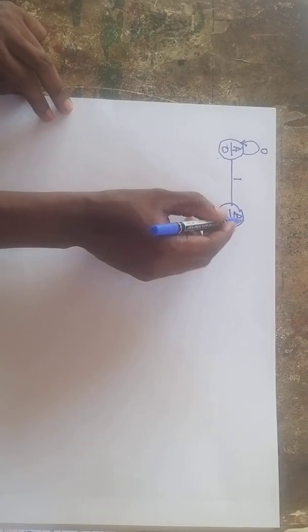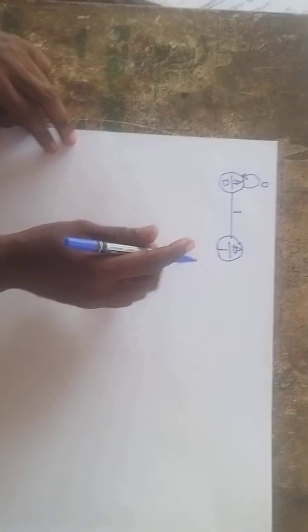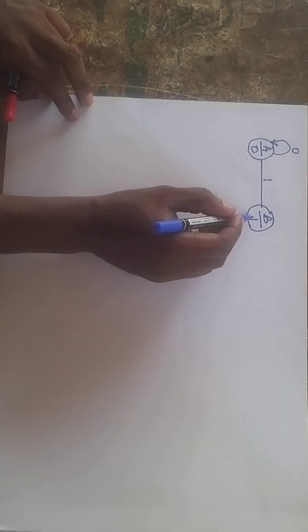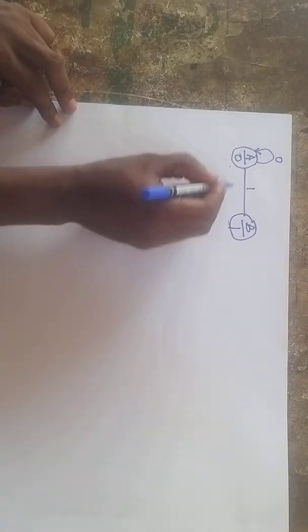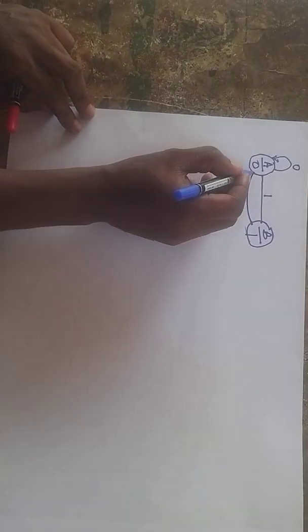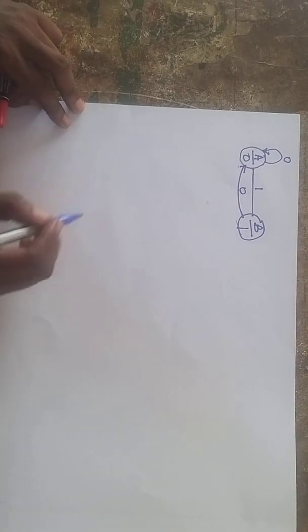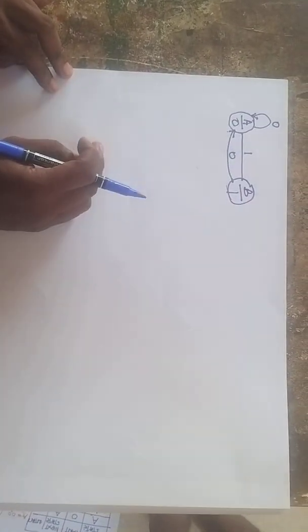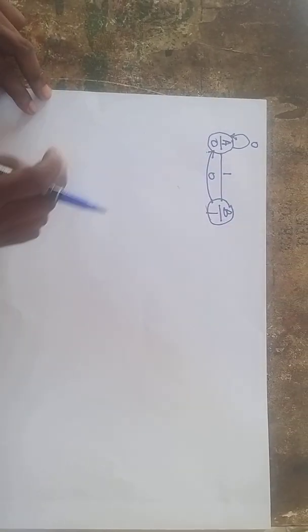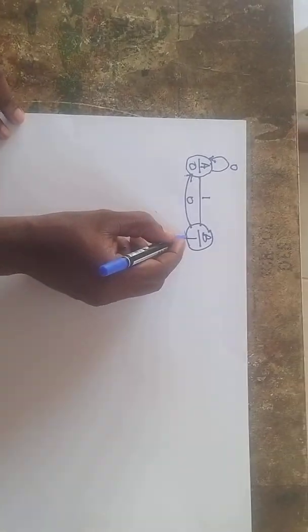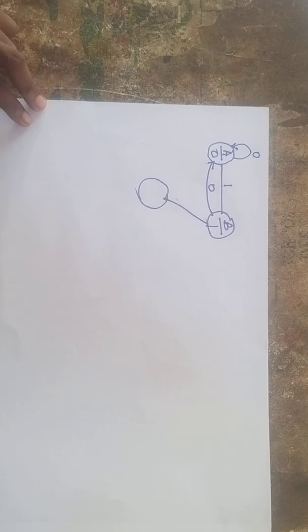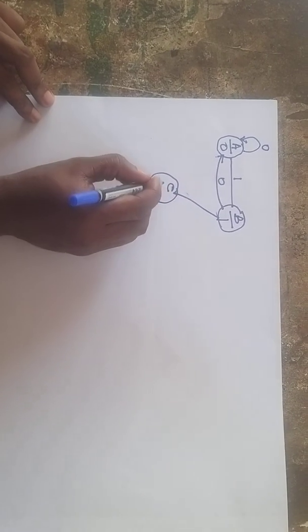Now at this state, two things come to mind: when the input is 0 or when it is 1. When it is 0, it means the button is released, so it should go back to state A. When it is 1, it means it's still being pressed, and it shouldn't give us any output, so it should take us to another state until it is depressed.